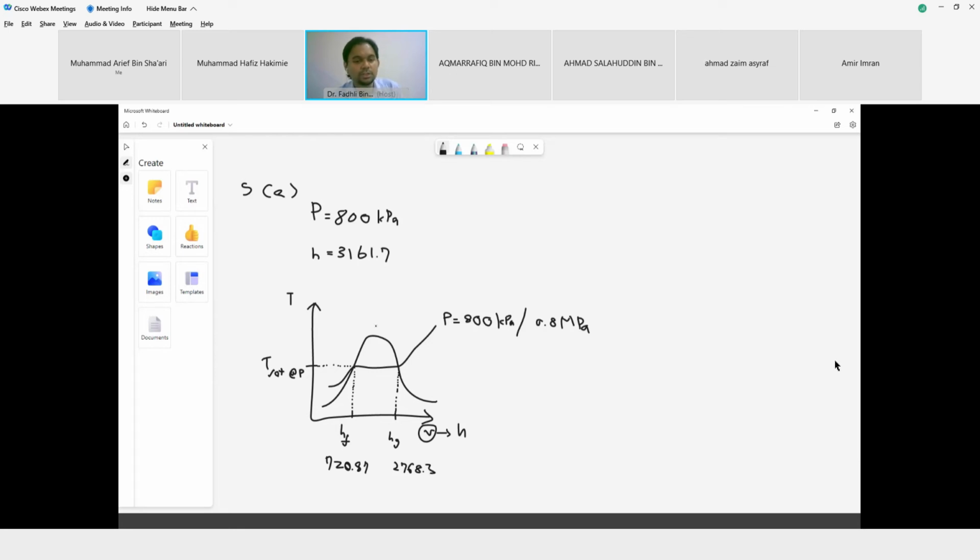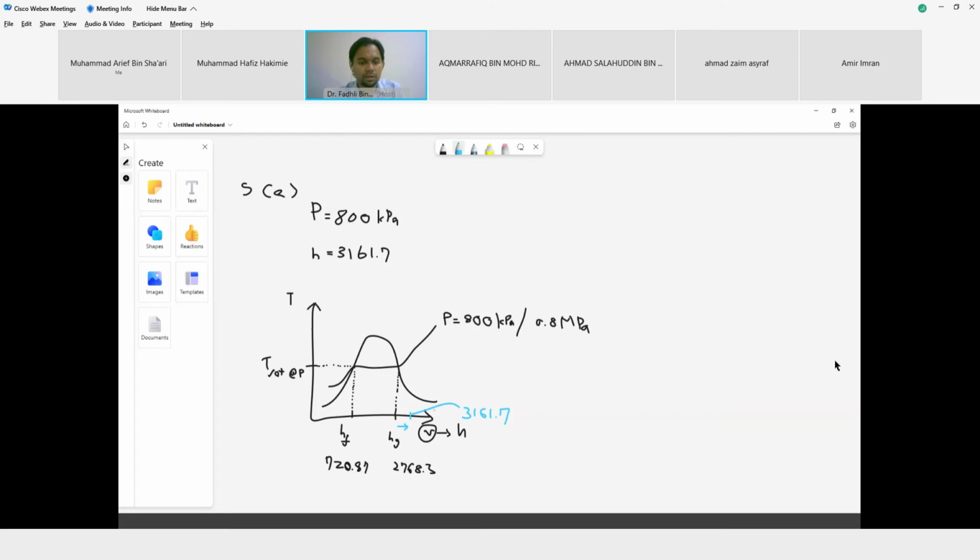The given H is 3161.7, which means it is higher than HG, somewhere here. It must be to the right of HG because its value is larger than HG.